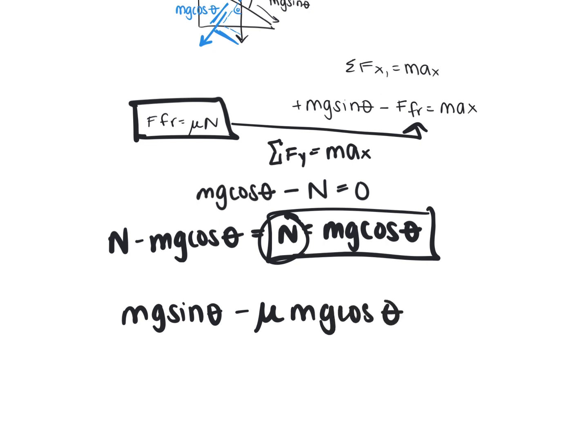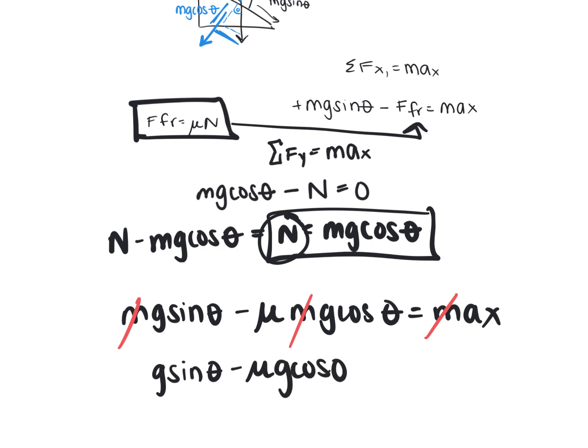In this equation, the mass is not given, so it doesn't matter because we can cancel it out. And we would be left with g sine of theta minus mu g cosine theta equals acceleration.